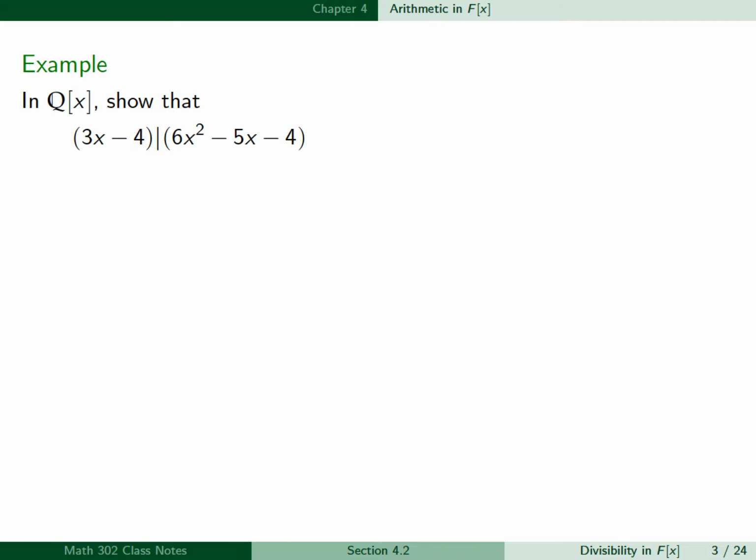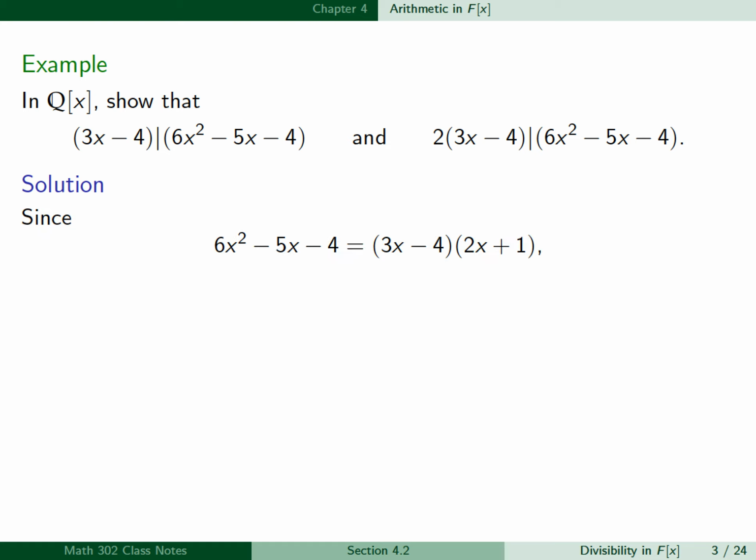For an example, in Q[x], we can show that the polynomial 3x minus 4 divides 6x squared minus 5x minus 4, and the polynomial 2 times (3x minus 4) also divides 6x squared minus 5x minus 4. Since 6x squared minus 5x minus 4 can be factored as (3x minus 4) times (2x plus 1), then 3x minus 4 divides 6x squared minus 5x minus 4.